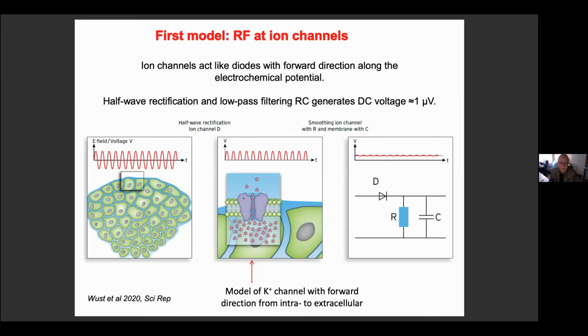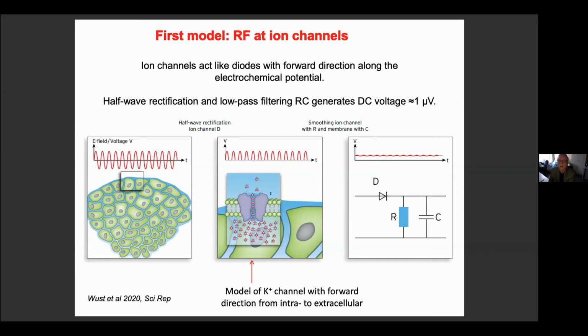So this is the forward direction of the diode, and there is a half wave rectification caused by this diode, and a low pass filtering caused by the resistance of the ion channel and the capacitance of the membrane.